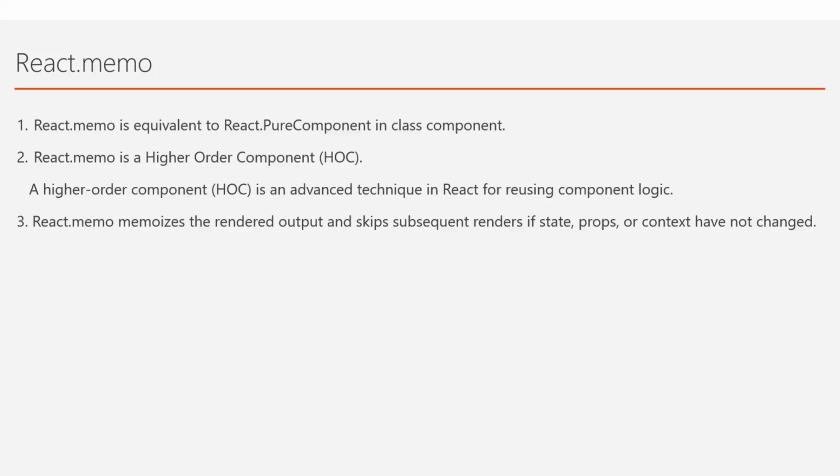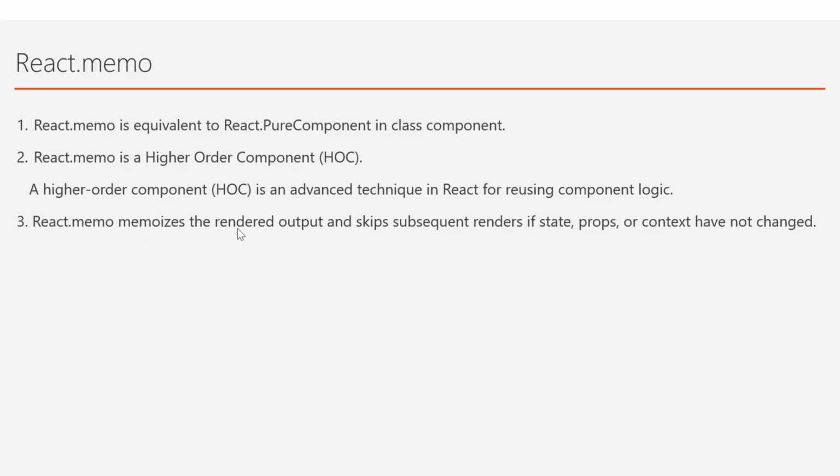Let's check what it says. React.memo is equivalent to React.PureComponent in class components. It's a higher order component. So HOC is just an advanced technique in React for reusing component logic. What does React.memo do?